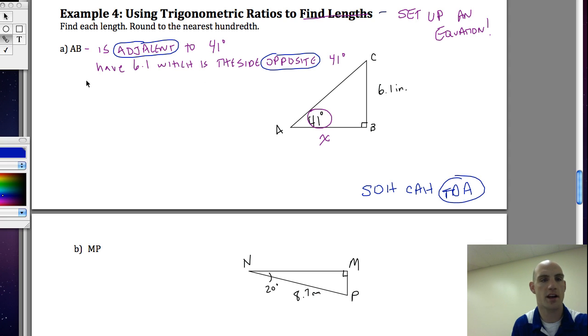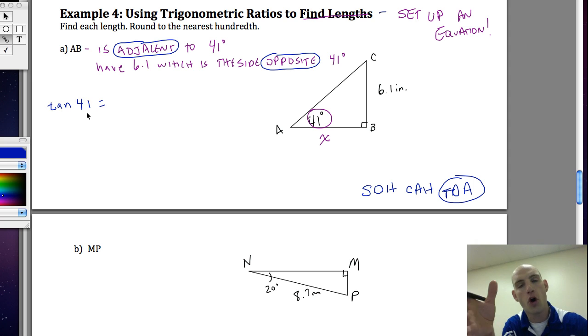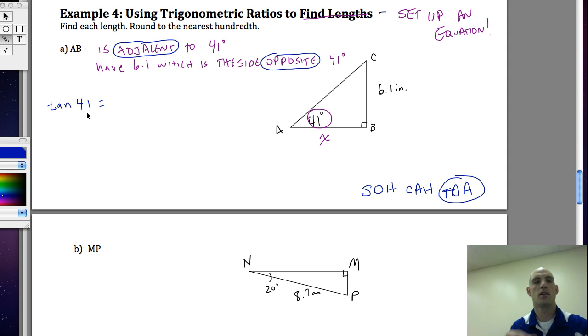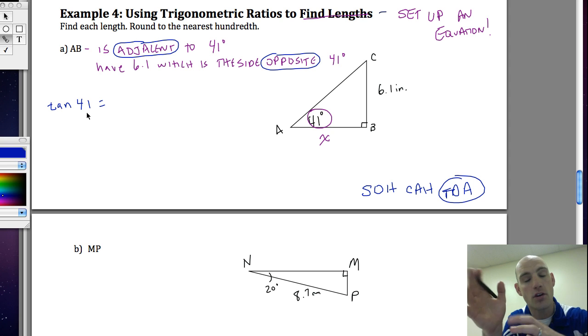So here's what I'm going to set up. The tangent of 41 equals, I always take the tangent of an angle. You take the tangent of degrees. You take the tangent of an angle.